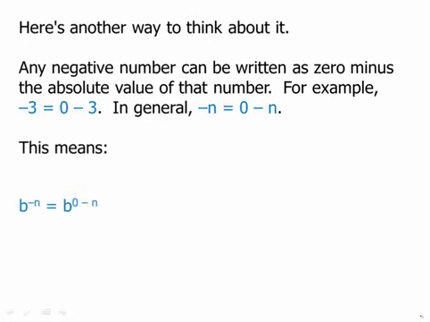So this means that b to the negative n, we can think of that as b to the 0 minus n. Well, if we have subtraction in the exponents, that means divide the powers. That must mean b to the 0 divided by b to the n, and of course b to the 0 is 1. And so this would be 1 over b to the n. So this is another way to think about why b to the negative n equals 1 over b to the n.